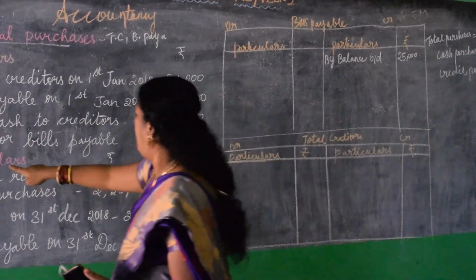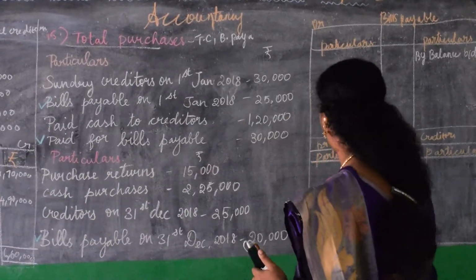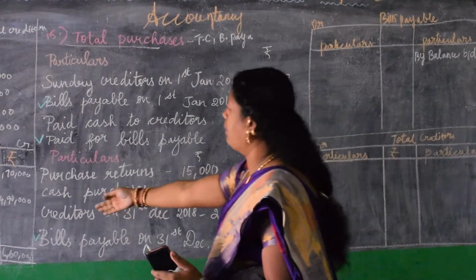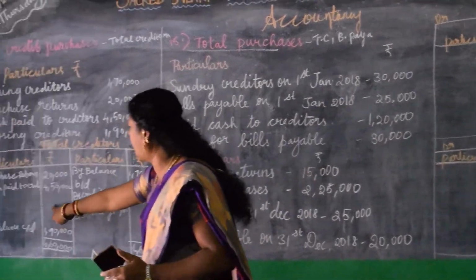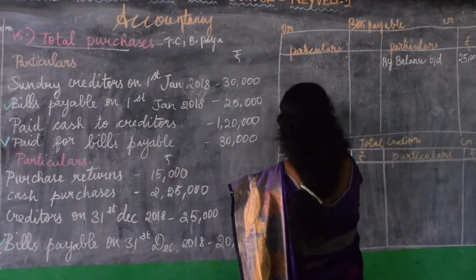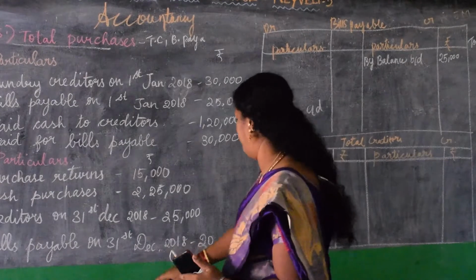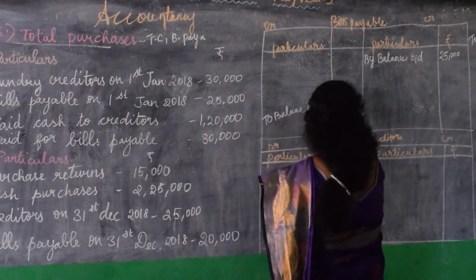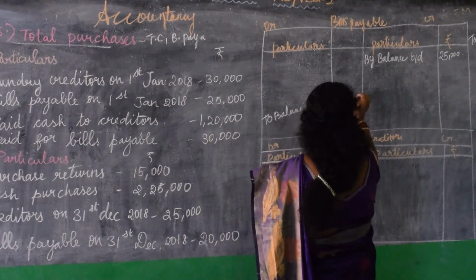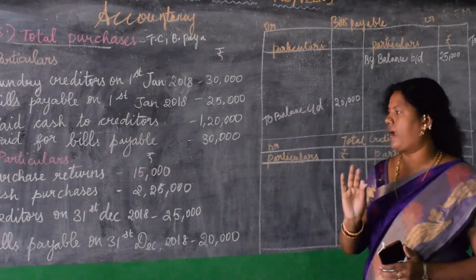Next, bills payable on 31st December. The same procedure that you followed in finding the total creditors, closing balances should be indicated here, to balance c/d, of bills payable is 20,000.